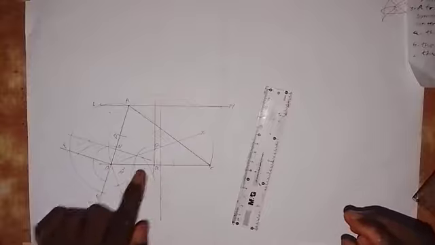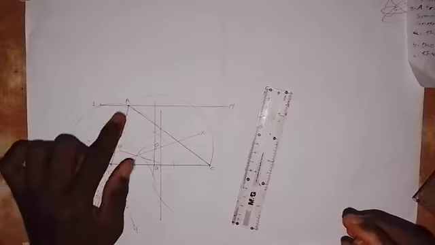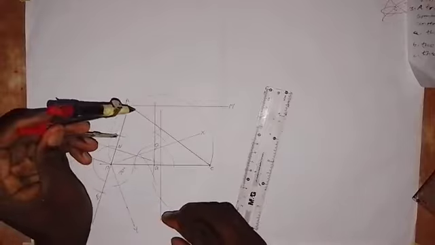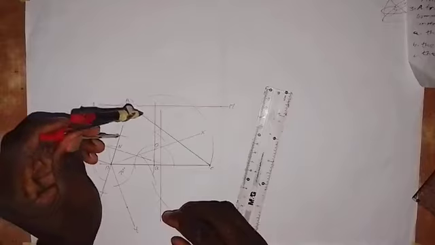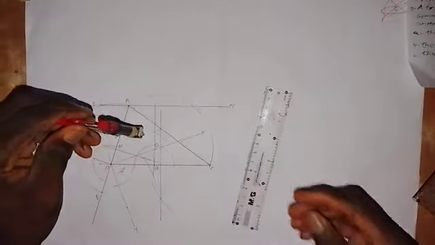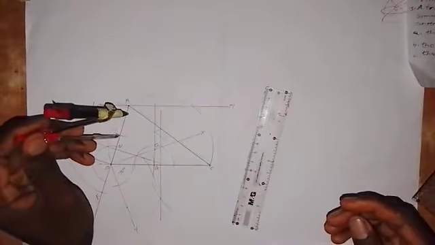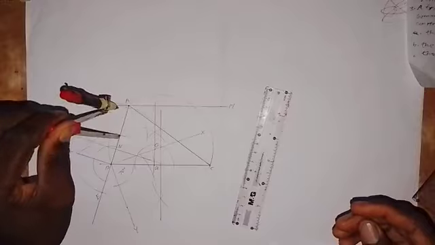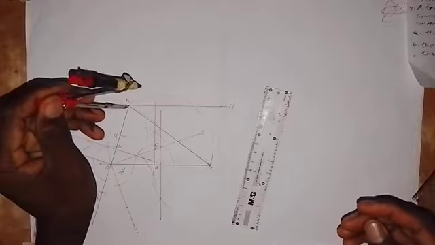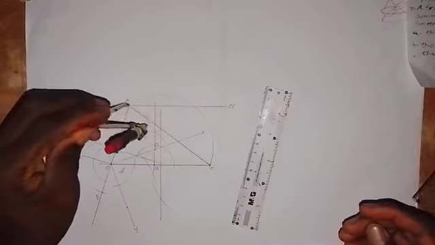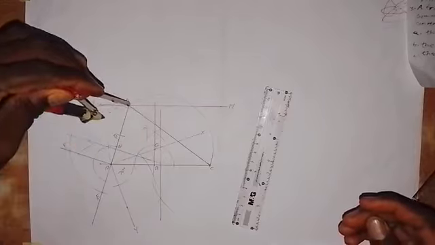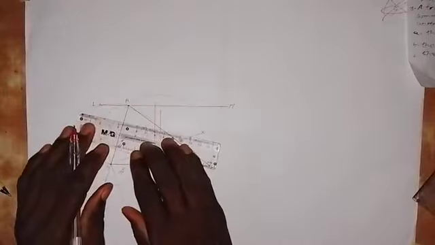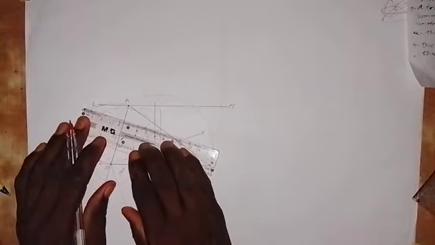So we need to bisect the distance between A and D. To do that, put the midpoint here at D, and extend the pen point to a convenient radius. So here I will draw an arc here, and then an arc here. Then I will put it at this point, draw an arc here, and then an arc here.